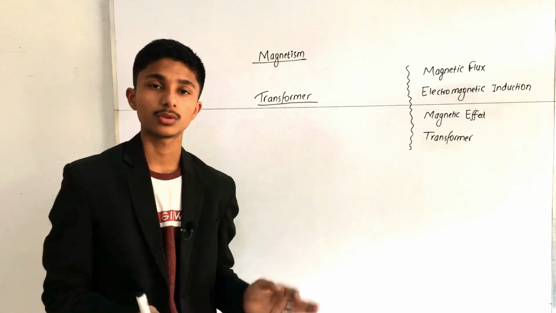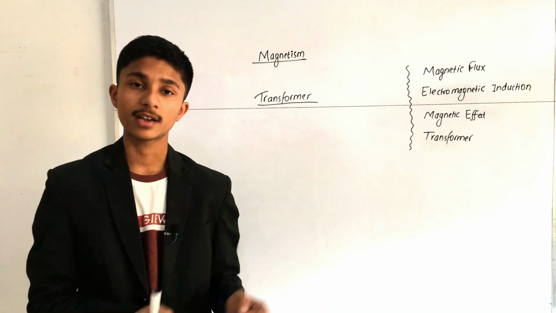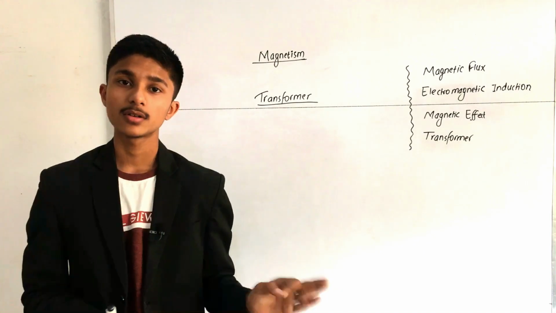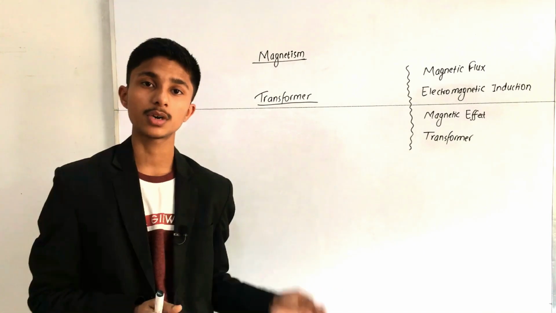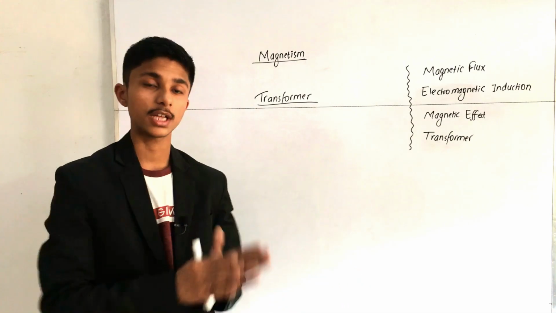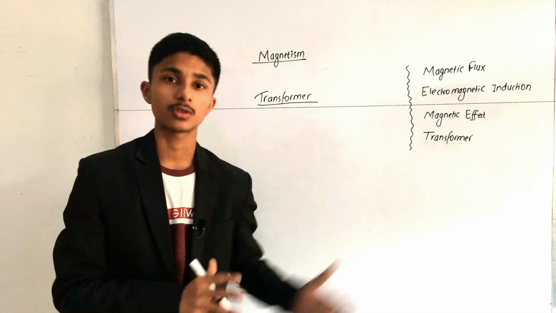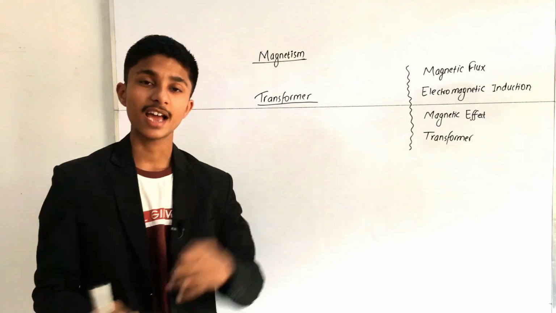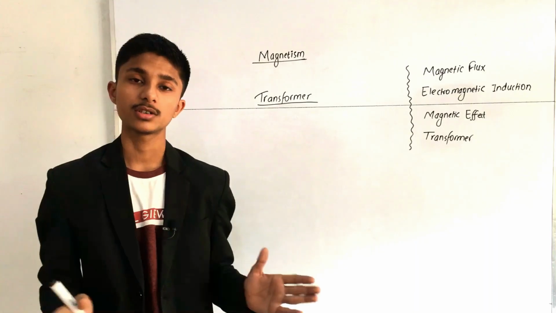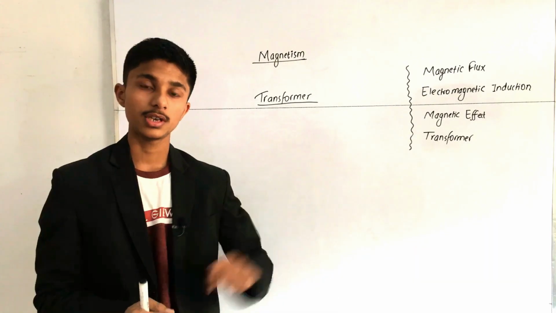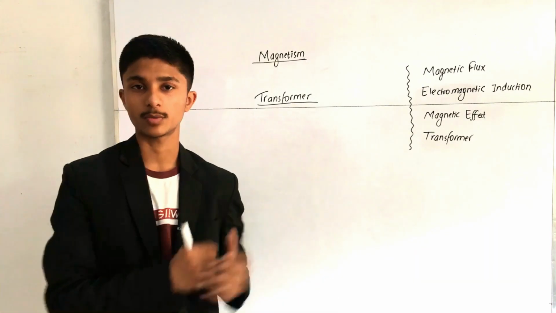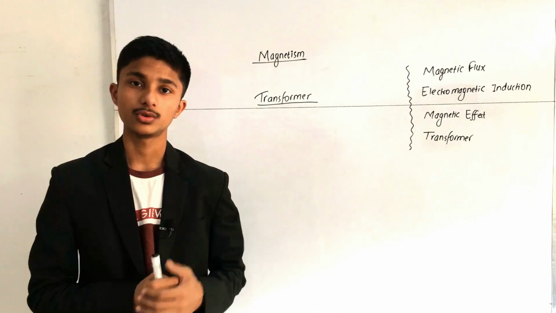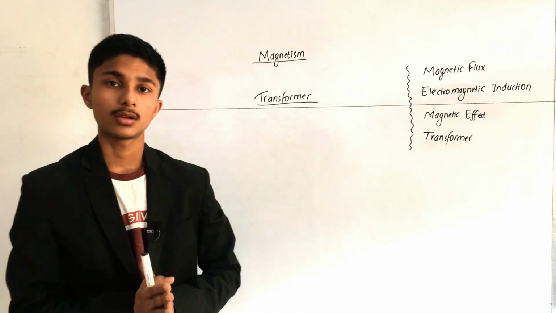And we all know that electricity generated at the power station has low potential difference, so it must be stepped up so that electricity can be transferred over a long distance. Similarly, we don't need high voltage AC current in our home or for domestic purposes, so it must be stepped down for use.